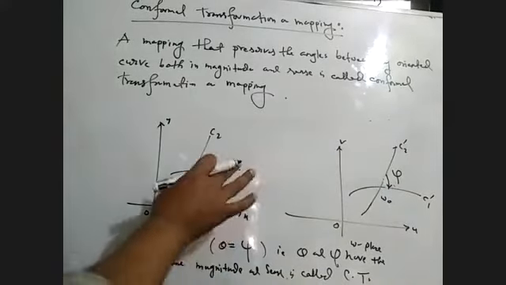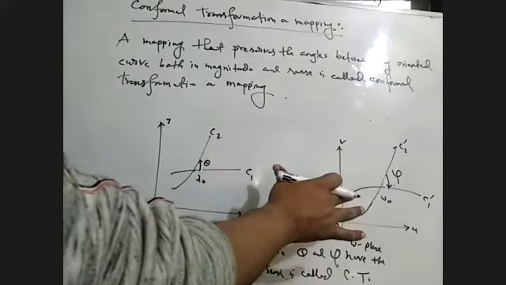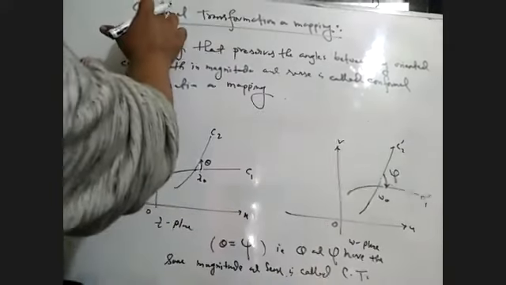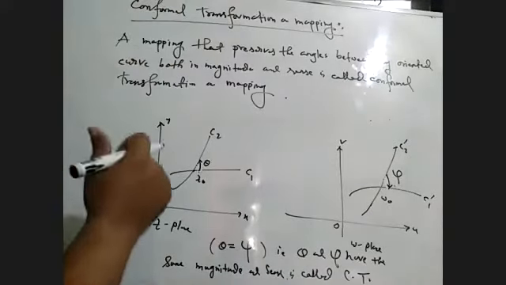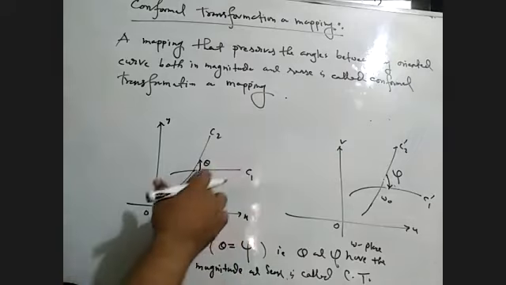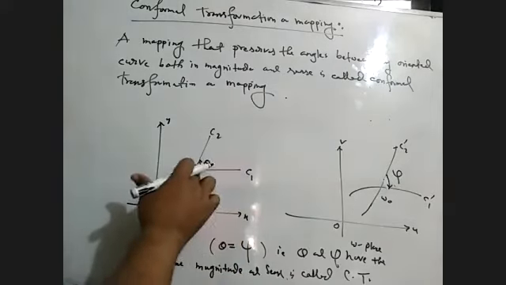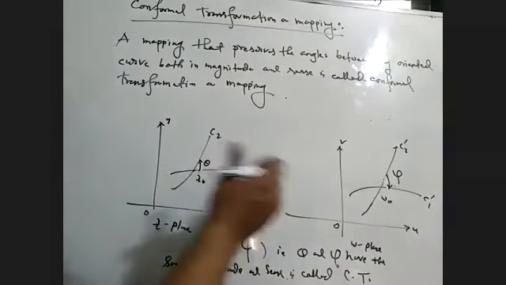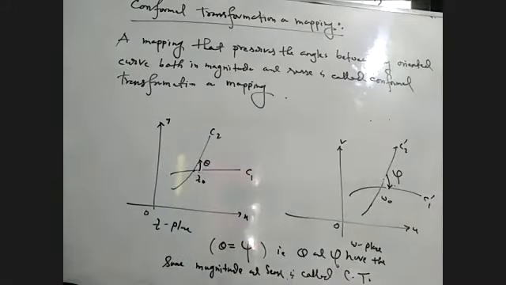This is why this type of transformation is not called a conformal transformation or conformal mapping. This is an example of non-conformal mapping, because theta and phi have the same magnitude but not the same sense, that means direction.